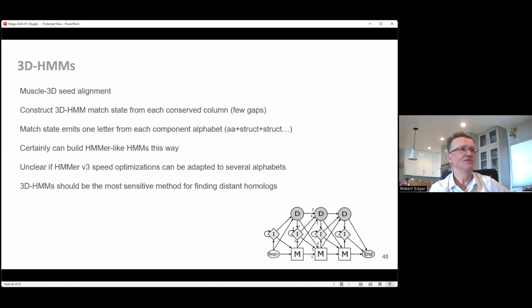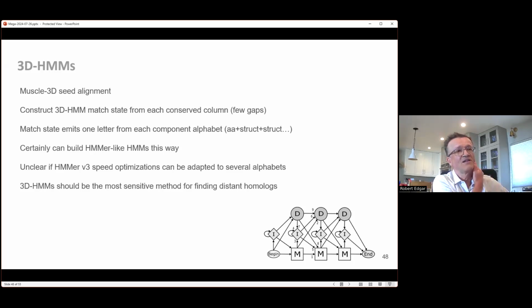Another thing you can do is all the sort of technology in HMMER and Pfam generalizes very straightforwardly to this framework. So you make a seed alignment with Muscle-3D, and now we have this alignment conceptually with these 8, 9 alphabets. So every match state or insert state is now inserting a letter from each of these alphabets, and we can train those frequencies and posteriors, and so on, in all the same way.